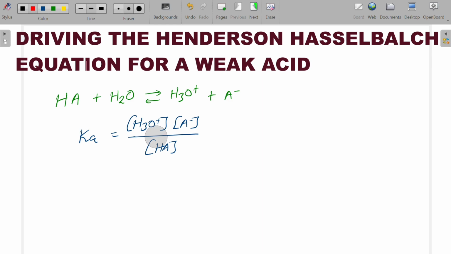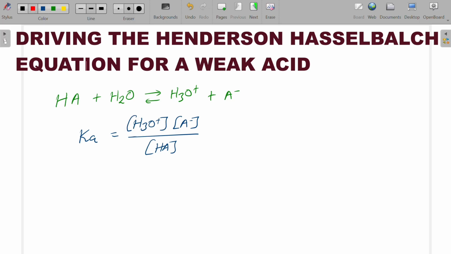Now, the formula we're calculating is for finding the pH of a buffer solution. Whenever we're talking about pH, our main concern is the hydronium ion. So we're going to make the hydronium ion the subject of this formula. Let's do that.